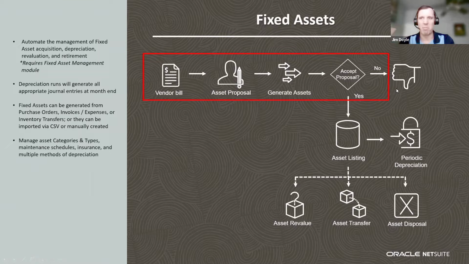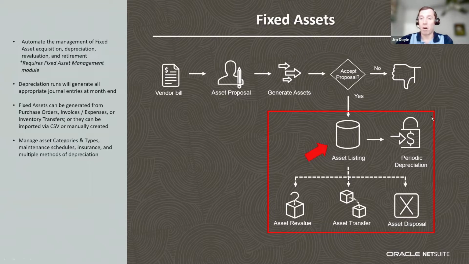Once I accept the asset proposal and the system generates the asset record, that asset listing will be our single source of truth for that particular asset. And then from there, I can view my general information, depreciation schedules, net book value, costs, expenses, maintenance and warranty information, all sorts of data automatically aggregated and always real time.